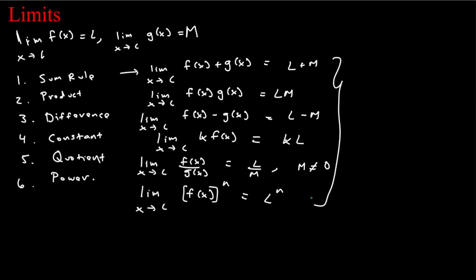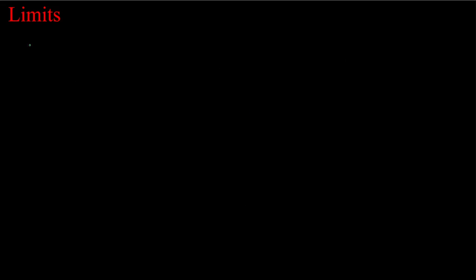Let's just do a quick example on the properties of a limit. Find the limit as x tends to c of x to the power 4 plus x squared minus 1 over x squared plus 5.